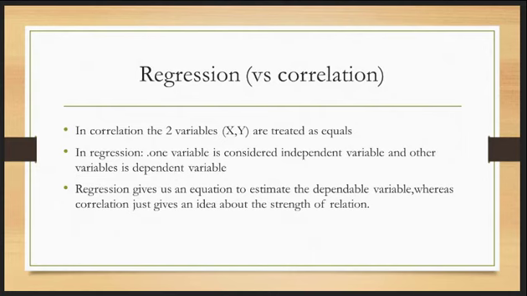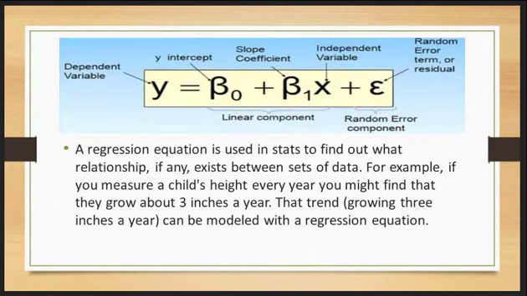A regression equation is used in stats to find out what relationship, if any, exists between a set of data. For example, if you measure a child's height every year, you might find that they grow about 3 inches a year. That trend, growing 3 inches a year, can be modeled with a regression equation.